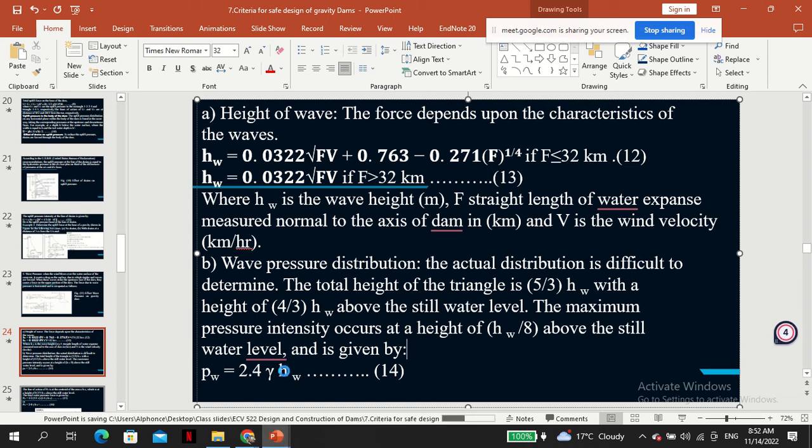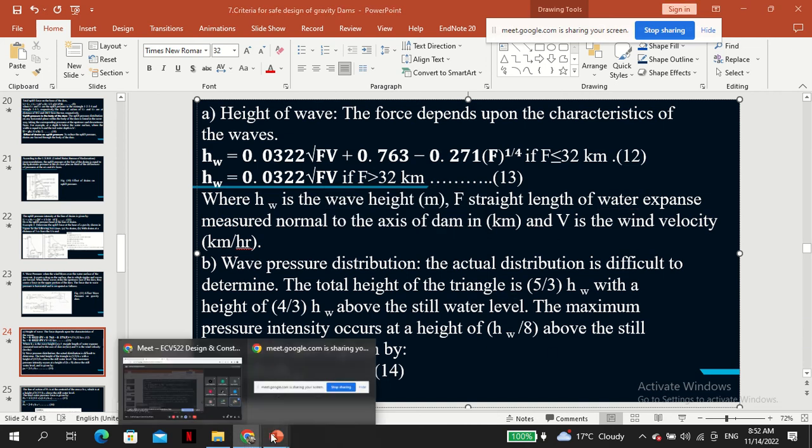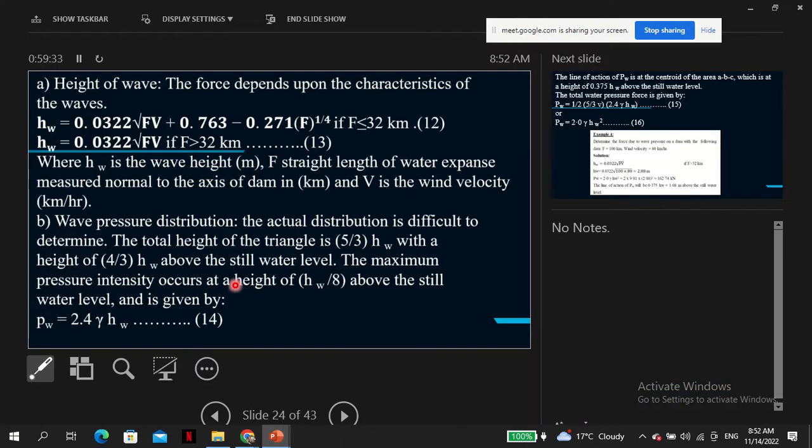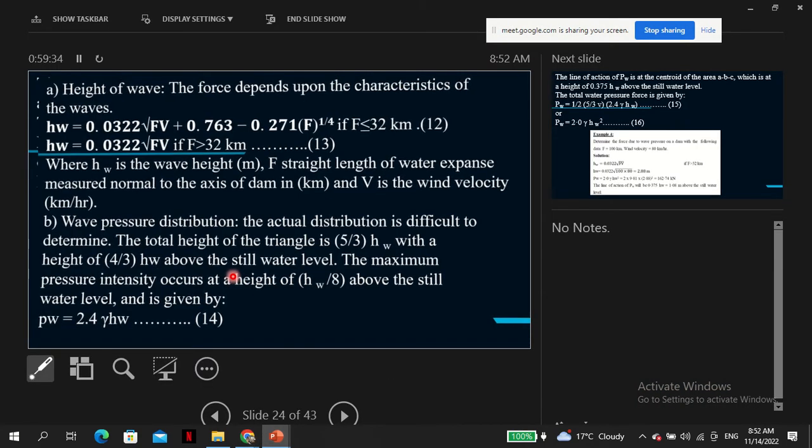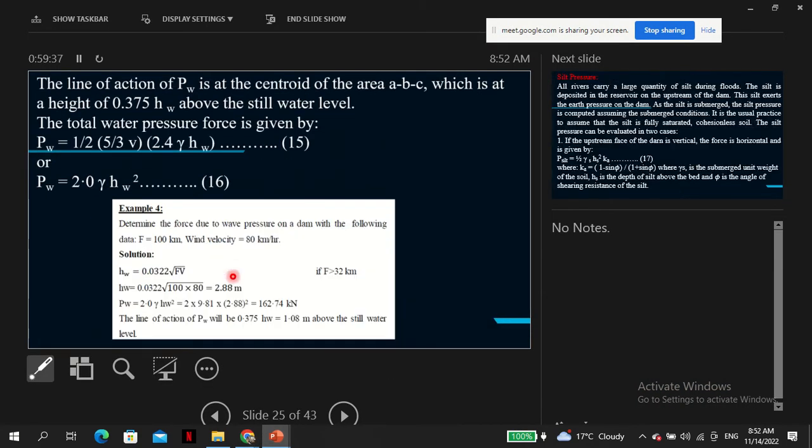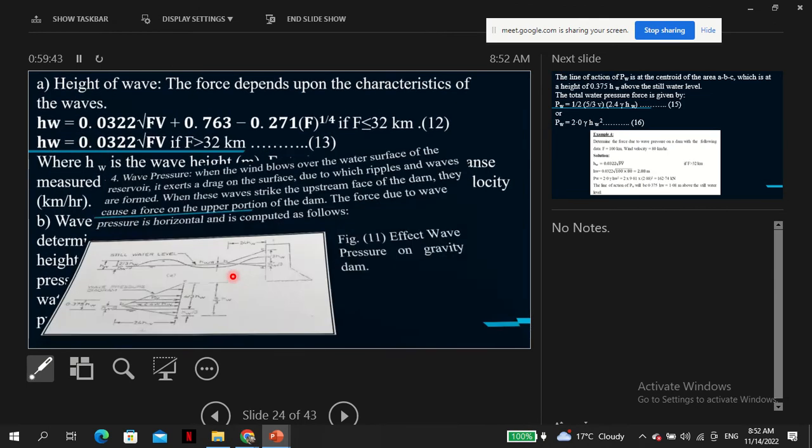So this is how to get the pressure from the wave. Of course, these are empirical relations, so you need to know them. The line of action of PW is at the centroid of the area ABC.